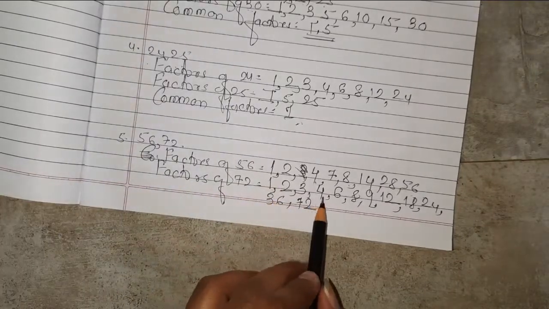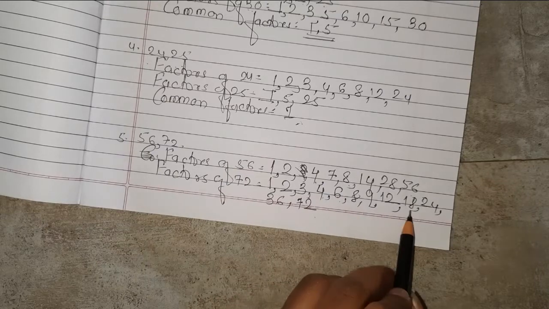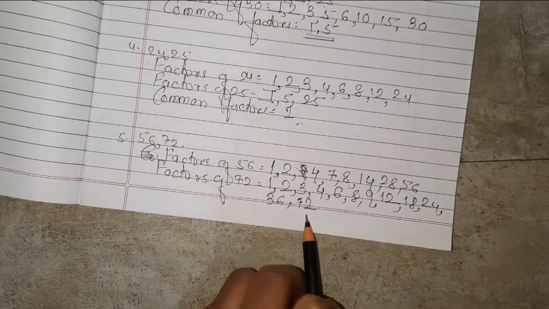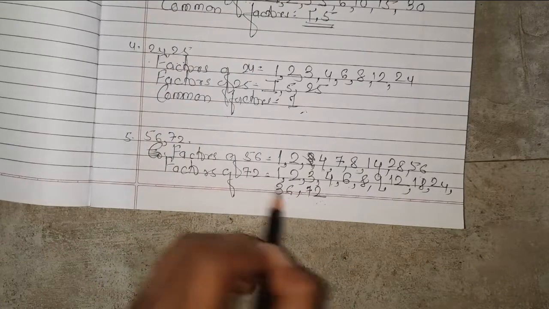So 1, 2, 3, 4, 6, 8, 9, 12, 18, 24, 36 and 72 are the factors of 72.